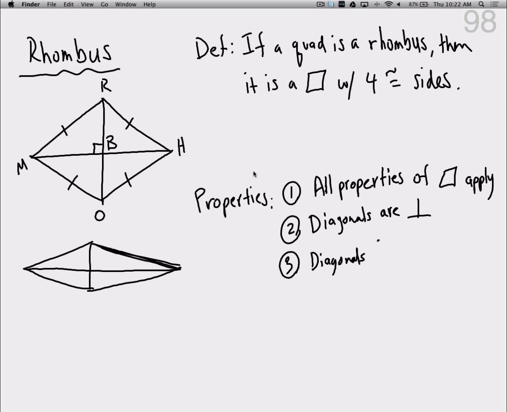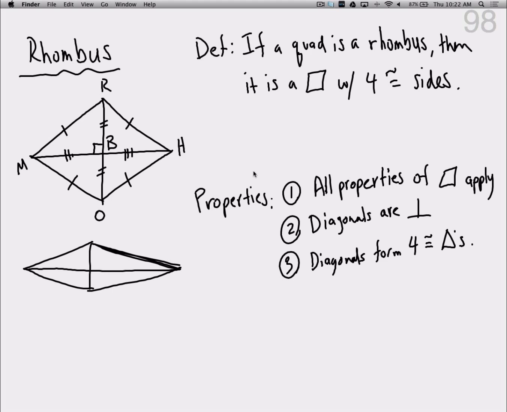Diagonals form 4 congruent triangles. This is congruent to this, and this is congruent to this, and you got the right angles, so we got side angle side. Everything is peachy.